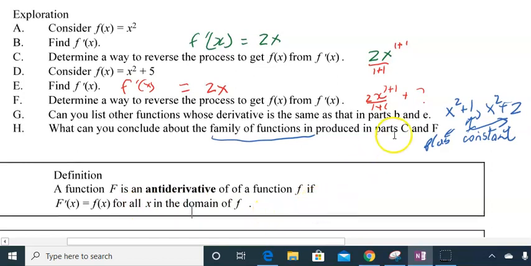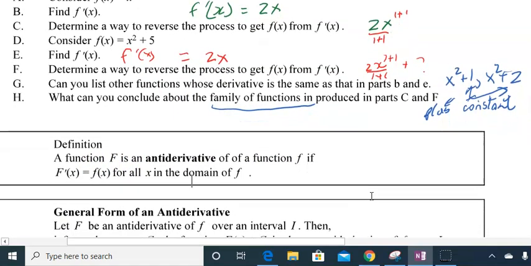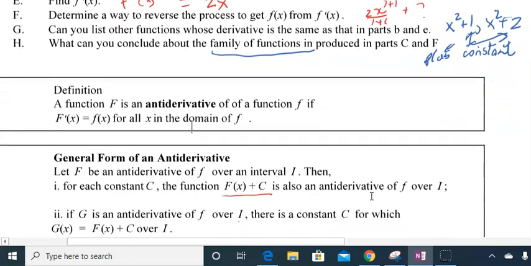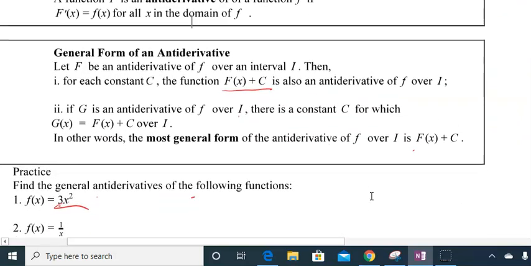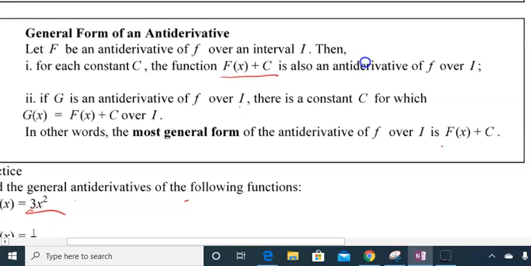Just like x squared plus 5 here would have been our uppercase F, and then the derivative, F prime of x, we would call lowercase f of x. Pretty interesting notation here, so let's get used to it.